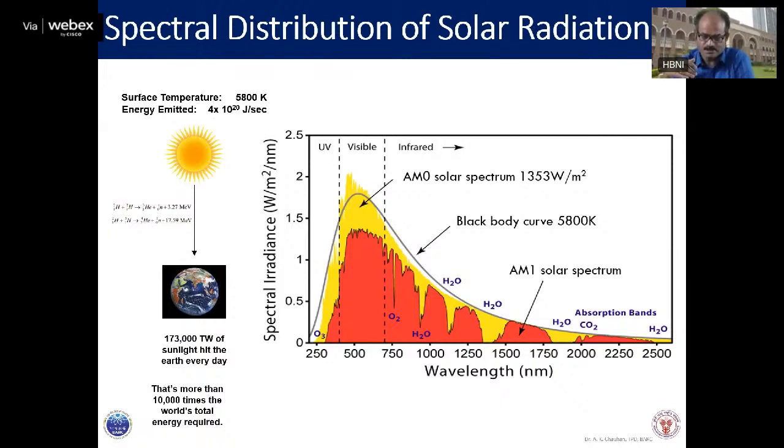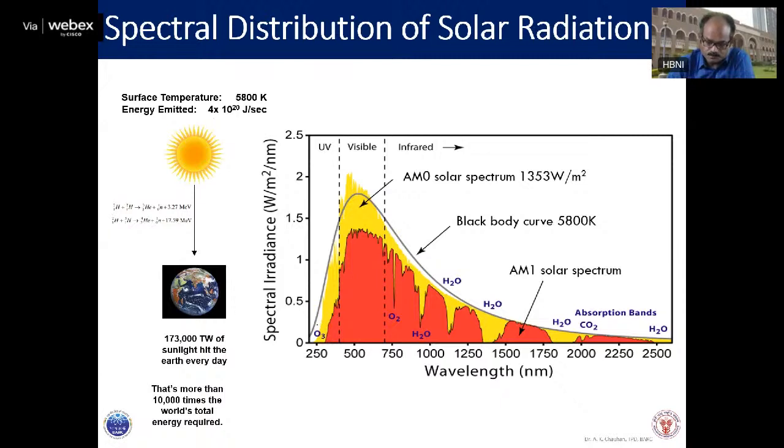If we analyze the incident radiation and plot it using a monochromator, we get this kind of spectrum. As the sun is at 5800 Kelvin, body heat radiation is emitted, black body radiation. So that is exactly this curve. This curve is a black body spectrum of a body which is at nearly 6000 Kelvin.